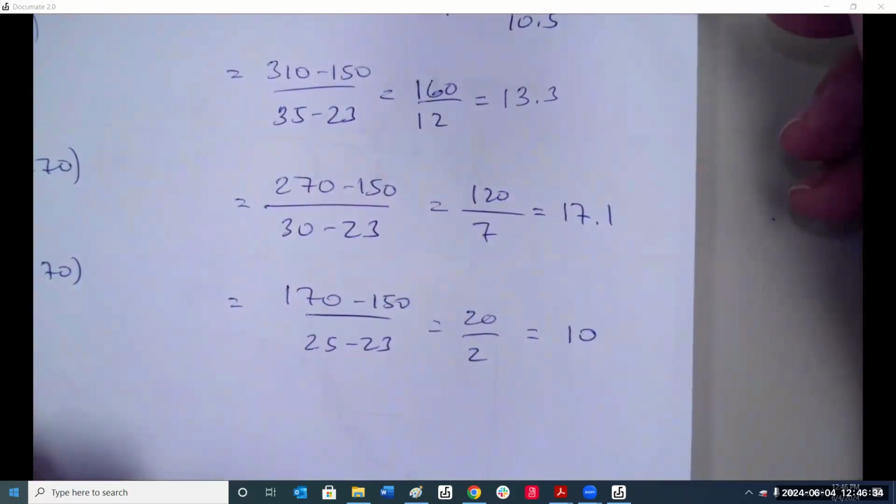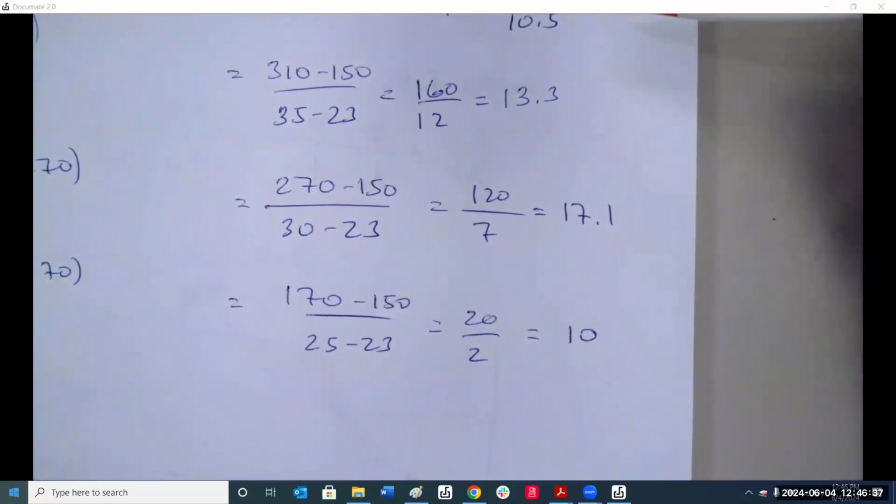Because if you notice, it's getting steeper and steeper.